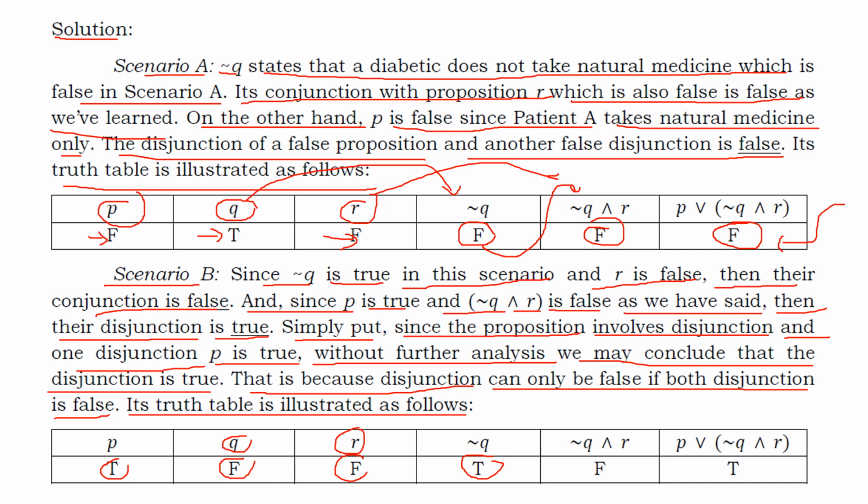Now, in the fifth column, negation Q conjunction R, our concern is to combine negation Q and the R proposition. Negation Q is a true statement, and we combine it with R, which is a false statement.